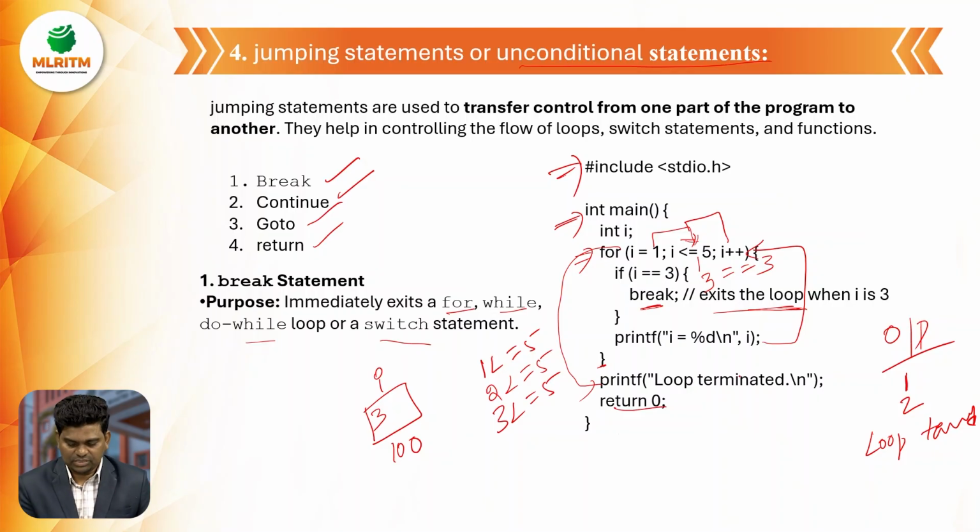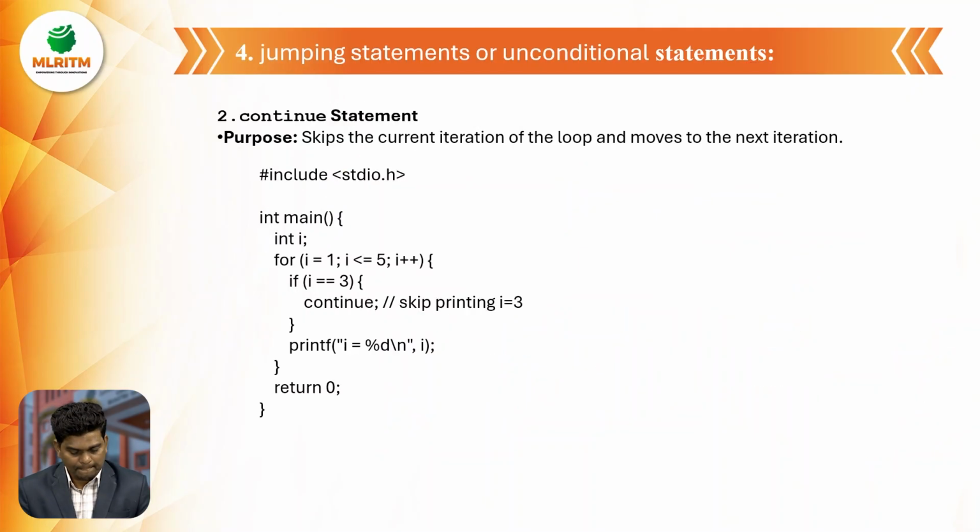Jumping statements transfer control from one part of the program to another part. Initially we are in the for loop, then it comes out of the for loop. The purpose of break is that it immediately exits from the loop. It may be a for loop, a while loop, or a do while loop also. So that is the use of the break statement.